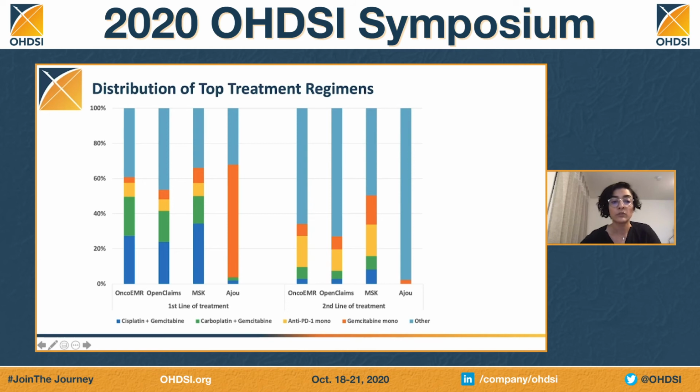What's very important to note is that within our US databases, irrespective of the setting, academic, commercial, claims, or EHR, we see similar distribution of treatment in both first line and second line. There are, of course, differences between South Korea and the US that can be attributed to differences in treatment guidelines or practice patterns.